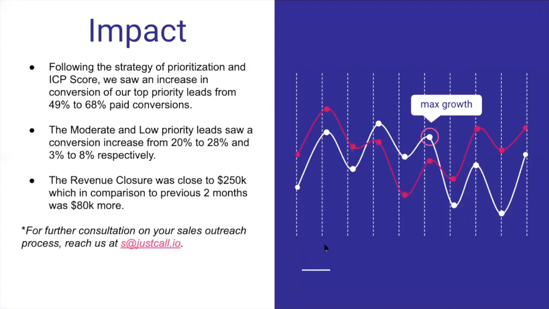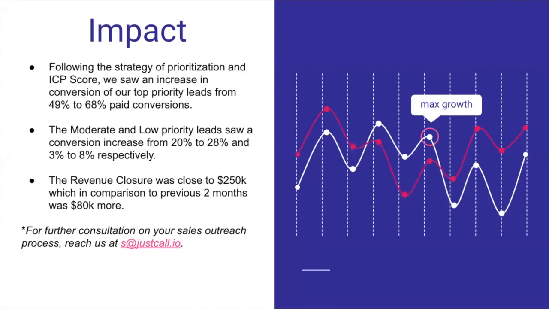What have these strategies brought as an impact on us? And what we saw was that, with these strategies of prioritization, of ICP score, our top funnel lead paid conversions shifted and increased from 49% to 68% in the past couple of months.